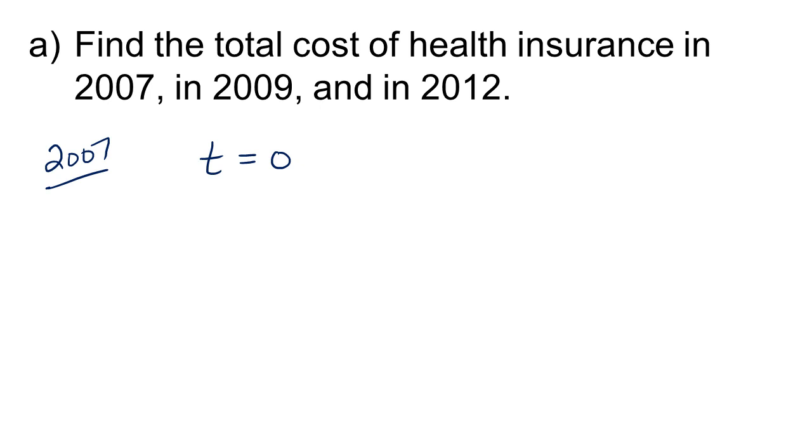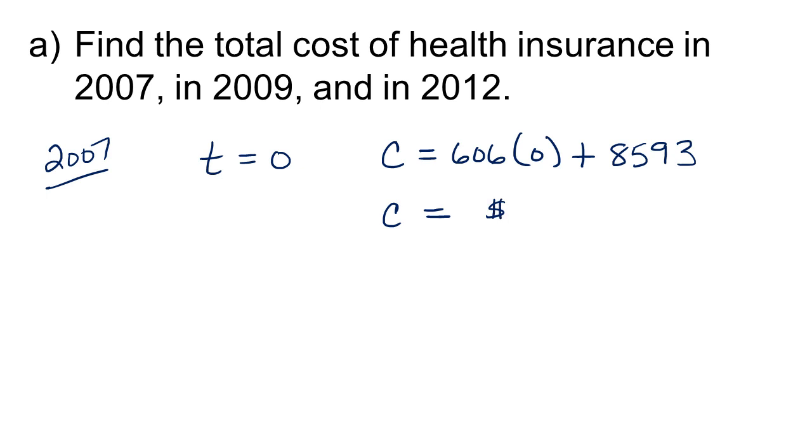Substituting 0 for T into the cost equation gives us C equals 606 times 0 plus 8,593. Simplifying the right-hand side, 606 times 0 is 0, plus 8,593 is 8,593. So in 2007, the cost was $8,593.